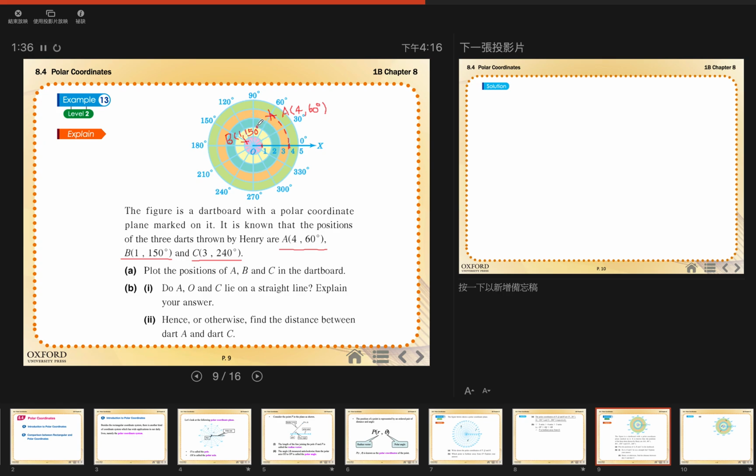And lastly, for point C, 3 here, and then up to the polar angle 240 degrees, that means here, so I mark the cross here, and here is the point C.